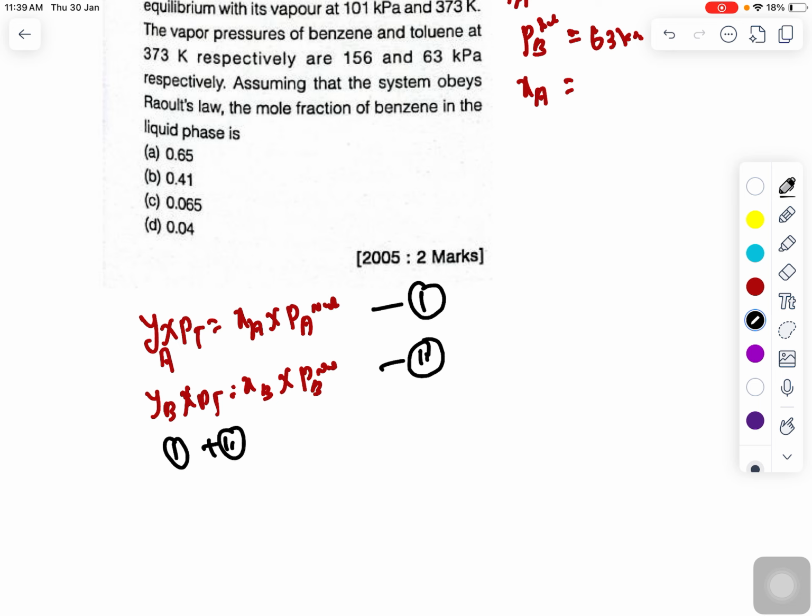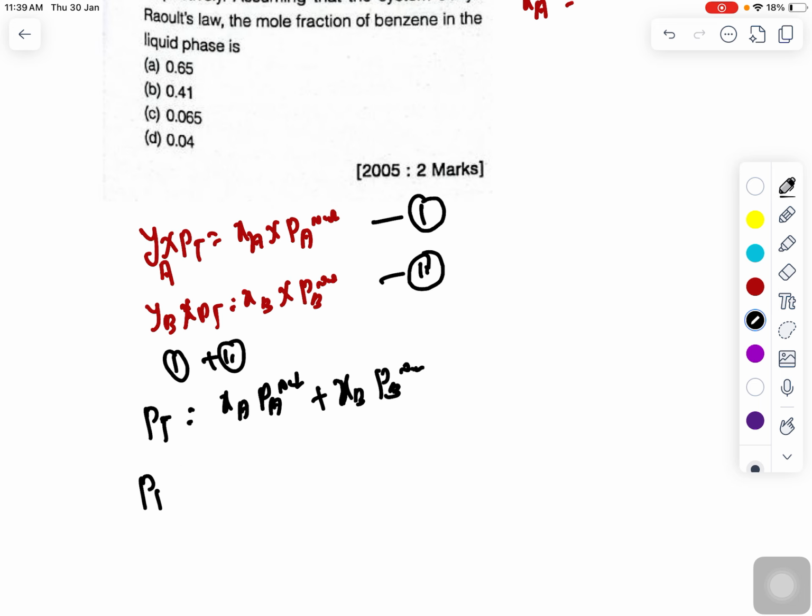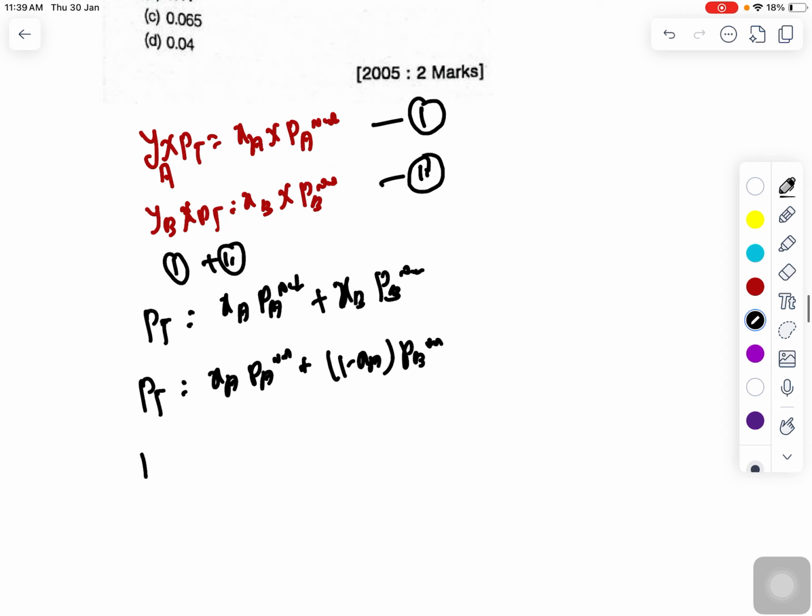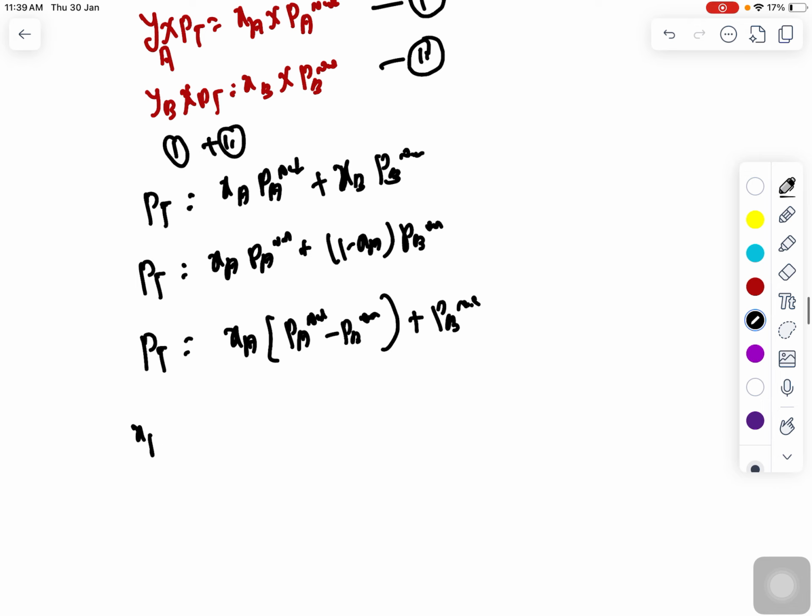If I add equation first and second, we get PT is equal to XA PA sat plus XB PB sat. So from here I can write PT is equal to XA PA sat plus (1 minus XA) PB sat. So PT is equal to, if I take XA common, XA (PA sat minus PB sat) plus PB sat. So here you can calculate XA will be equal to (PT minus PB sat) divided by (PA sat minus PB sat).